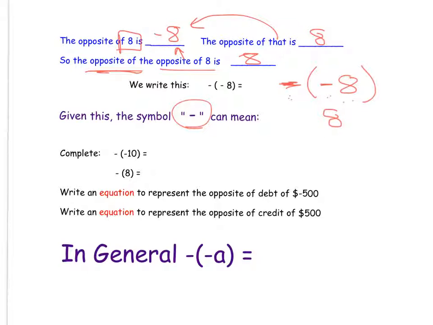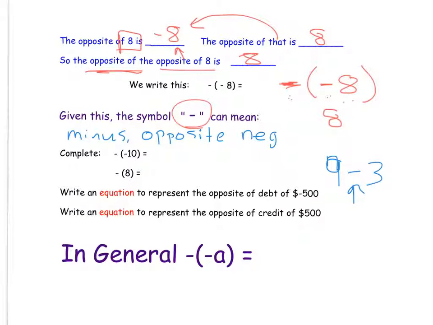If it was written in a numerical sentence like 9 minus 3, then we think of this symbol as minus. So this symbol can mean minus, it can mean opposite, or it can be negative.